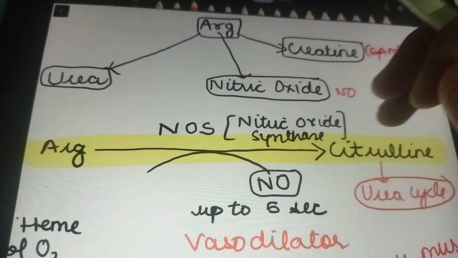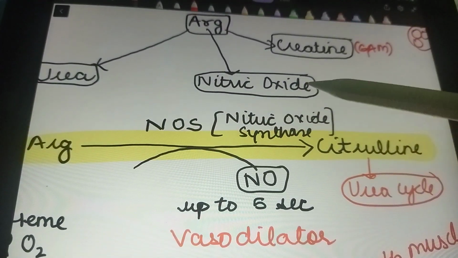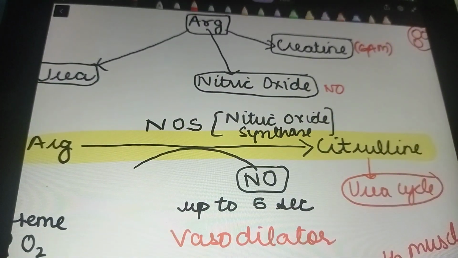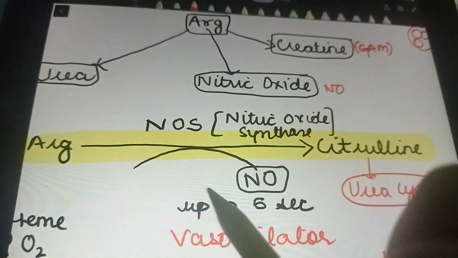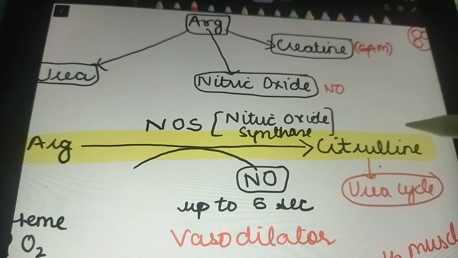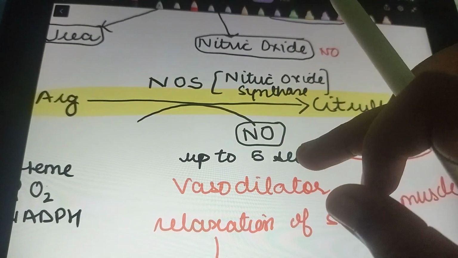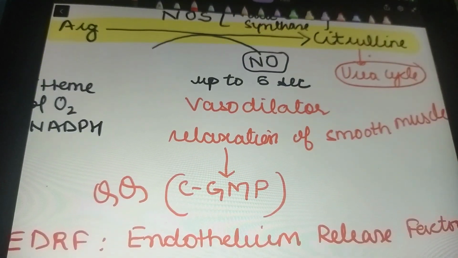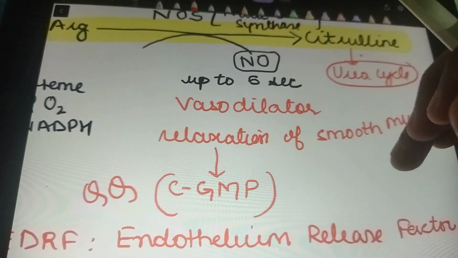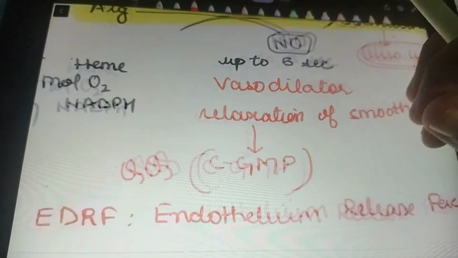Another important thing is nitric oxide. Arginine is converted into citrulline with the help of nitric oxide synthase, and thereby nitric oxide is released. Citrulline is a basic part that is used in the urea cycle. In this process, nitric oxide synthesis, nitric oxide is a very important vasodilator, and along with vasodilation it also causes relaxation of smooth muscles by releasing cyclic GMP.